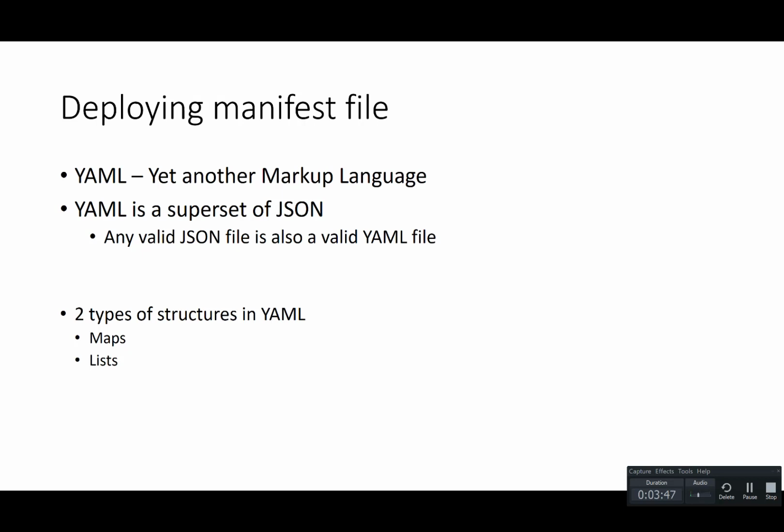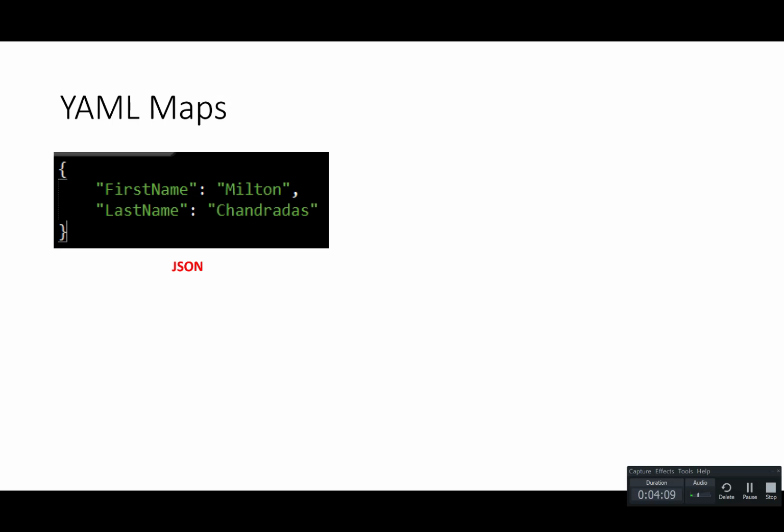Now, a lot of you might also be familiar with JSON files. If you worked with JavaScript, you should be able to interpret a JSON file. So I'll show you examples of JSON file snippets, and then I'll show you the corresponding YAML file as well. So here is a JSON file, and there are two simple properties, first name and last name, and the values are Milton and Chandradas.